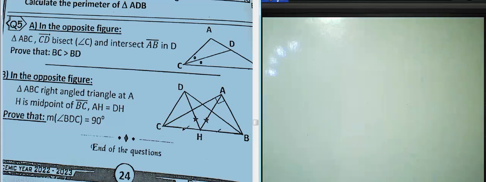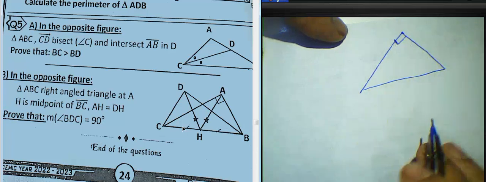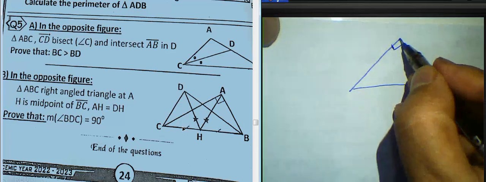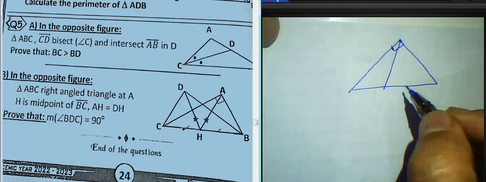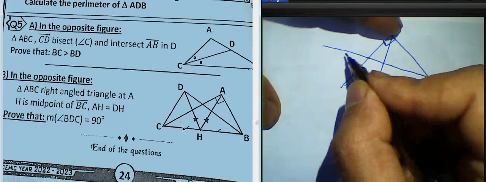Okay, I will solve it again here. It's very easy, don't worry. First, he gives us H is a midpoint. We have a right angle triangle here, and this is the median of the triangle, and he draws another triangle here.